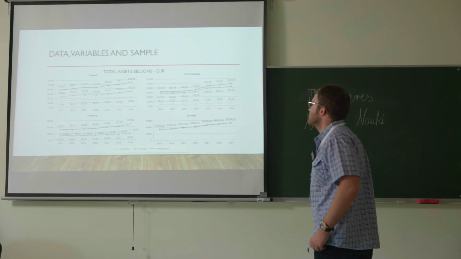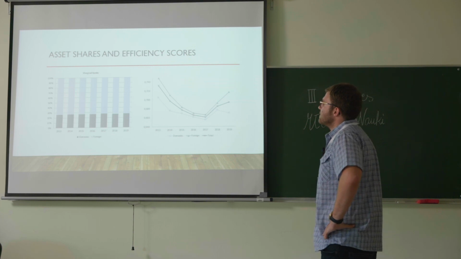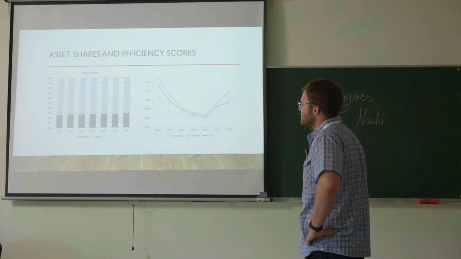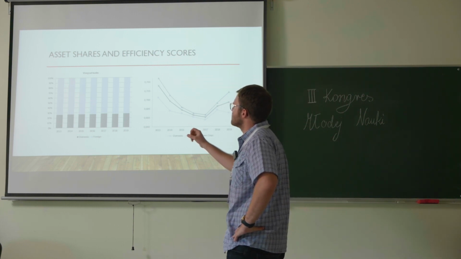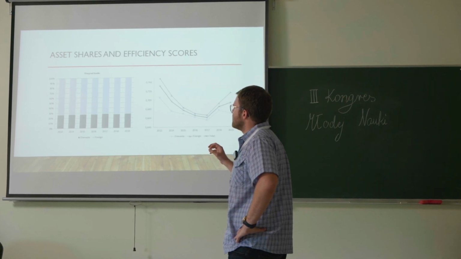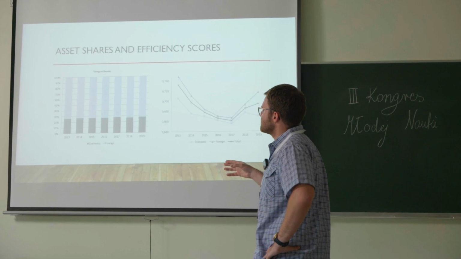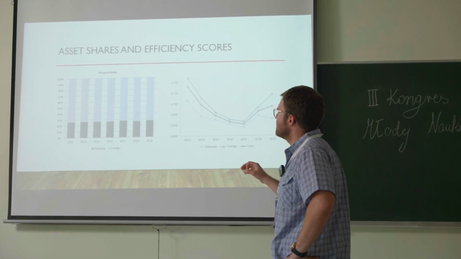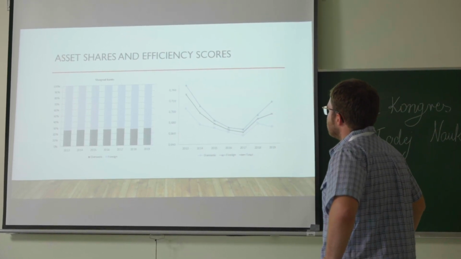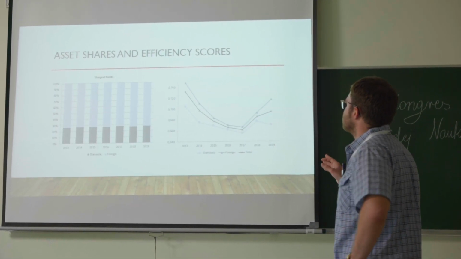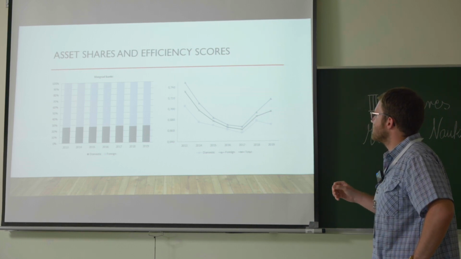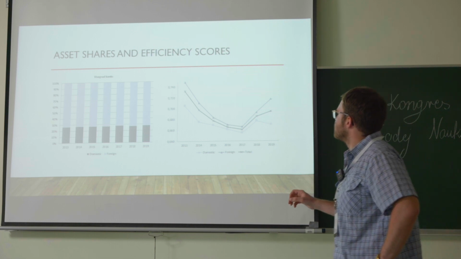Next slide. So comparing, talking about assets share and efficiency scores. You can see that for all Visegrad banks in 2019, the domestic banks' representation was 28%, and foreign banks had a large stake, 72%. But if we're talking about the efficiency scores, we see that foreign banks' efficiency reduces.